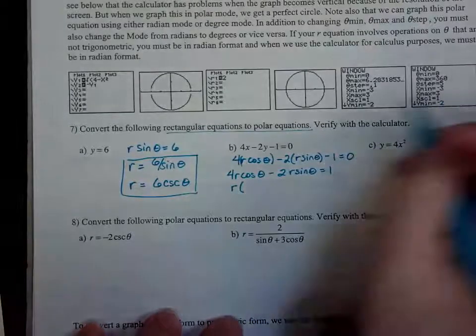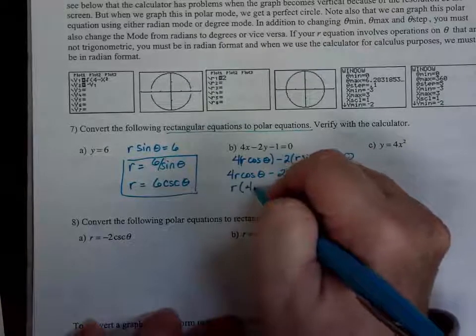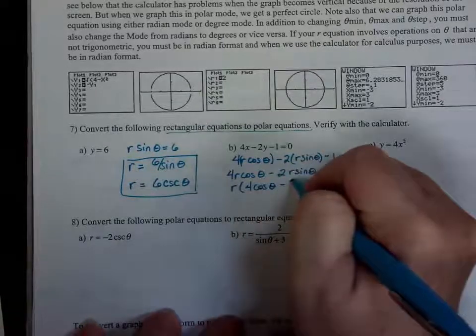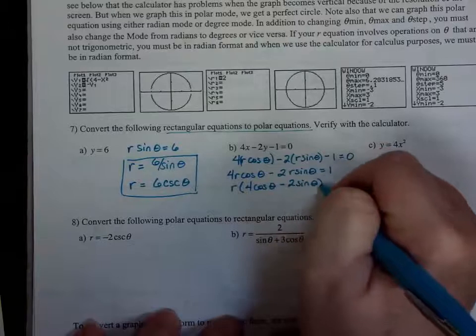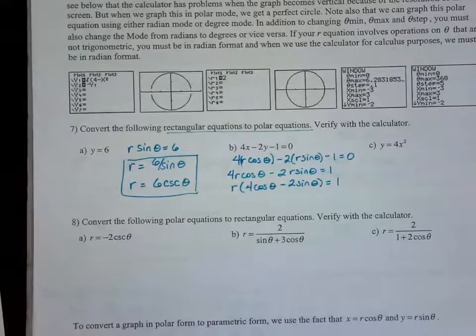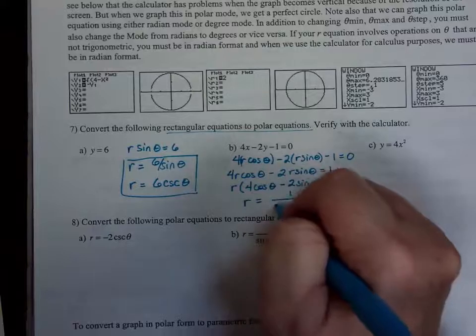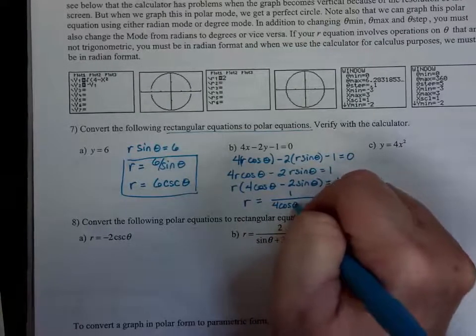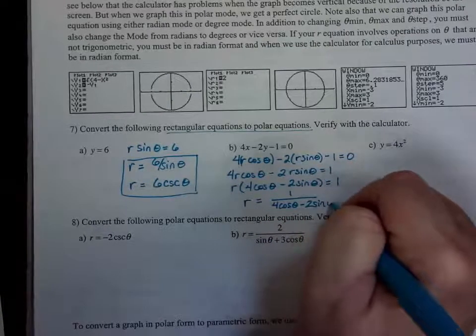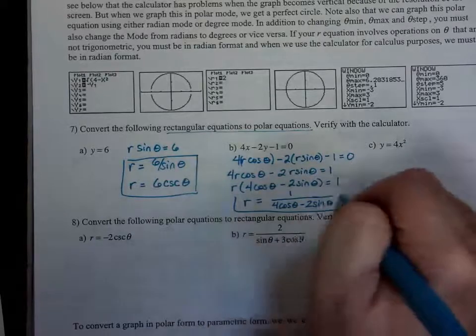So if I take out r, that's r times the quantity 4 cosine theta minus 2 sine theta equals 1. Agreed? In order to isolate r, I've got to divide both sides by the parentheses, so r equals 1 over 4 cosine theta minus 2 sine theta. And that is my answer.